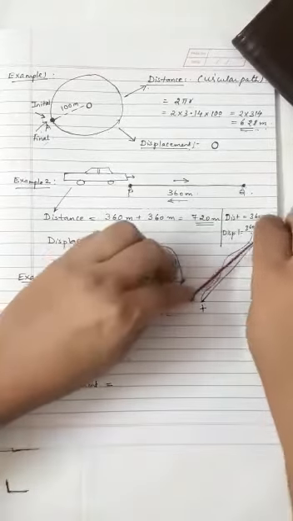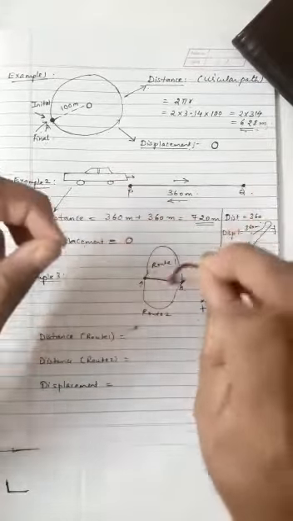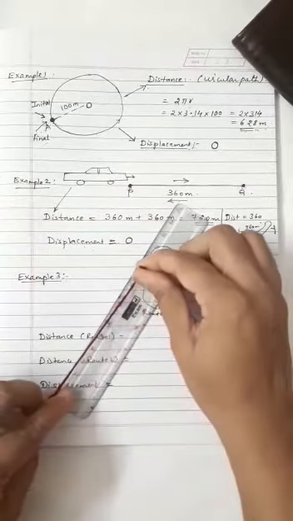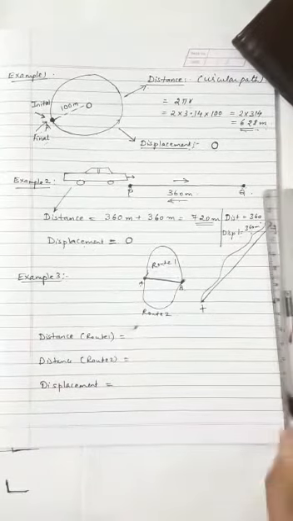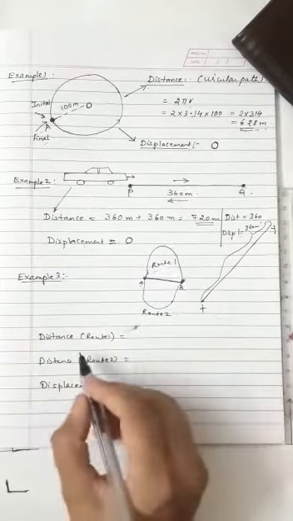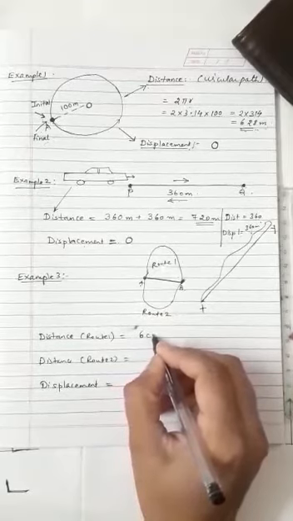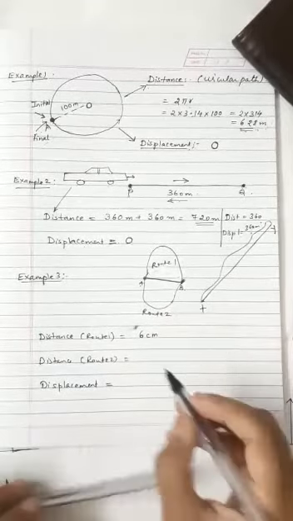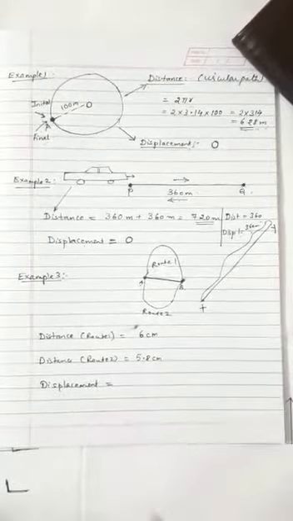But if you have a curved path, you can just keep a rope along this curved path, and whatever length you are getting of the rope, you just place it on the scale. So you can measure the distance of the curved path in the same way, that is by using the rope. So along route 1 we are getting distance as around 6 centimeters, and along route 2 around 5.8 centimeters.